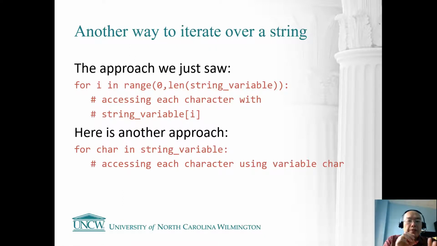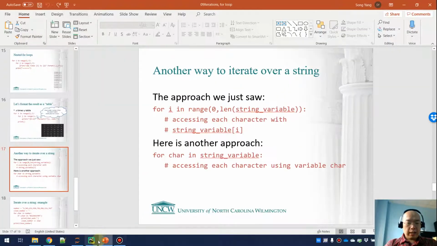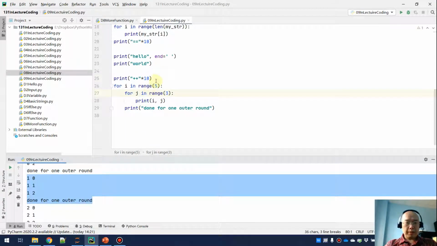When we visit all the characters one by one in the string, we know we can do for i in the range from 0 to the length of the string. Then you can use the i as the index to visit the characters one by one, right? We talked about a program like this.